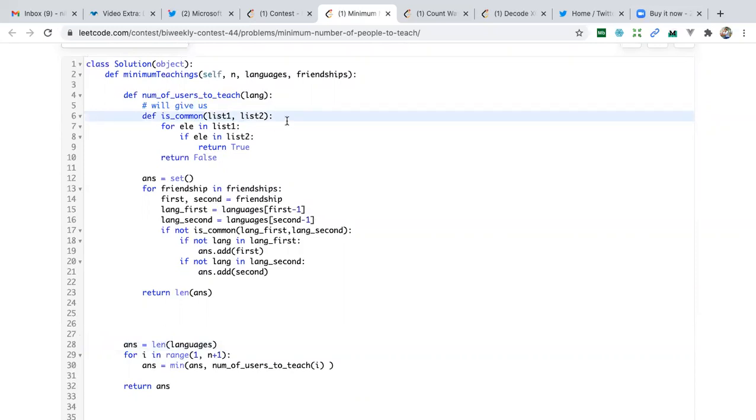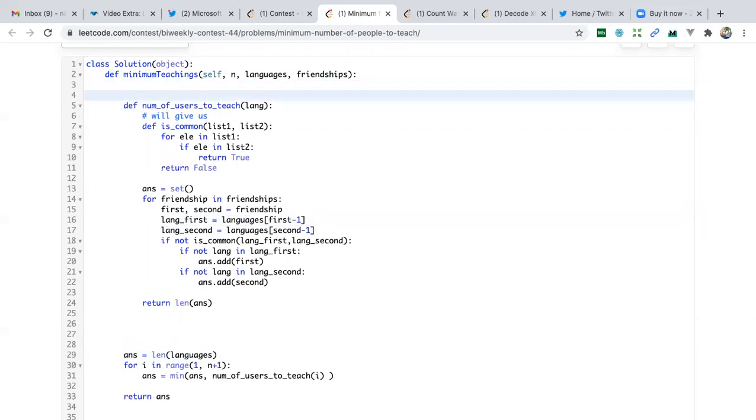What we can do is, we can do it only once. So when we have language, okay, language first. So let's make lang map, which will be an array.